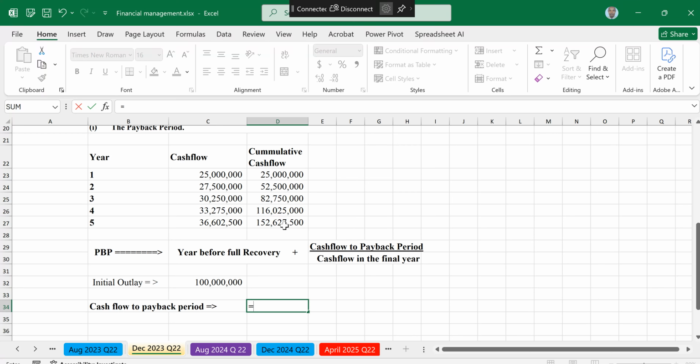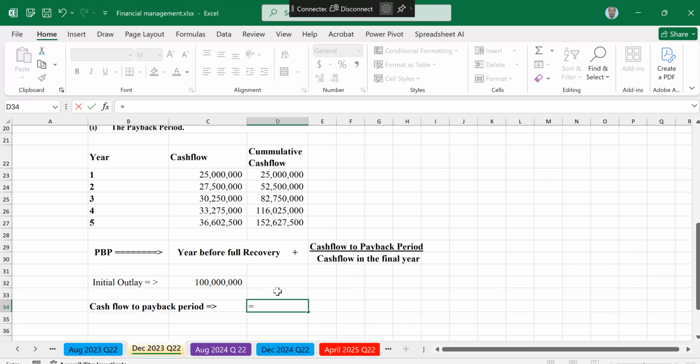How much is remaining to reach the payback period? This minus this. If you take these two, what remains for you to get to the payback period? Is it 100 minus 82? I think it's 100 minus 82.